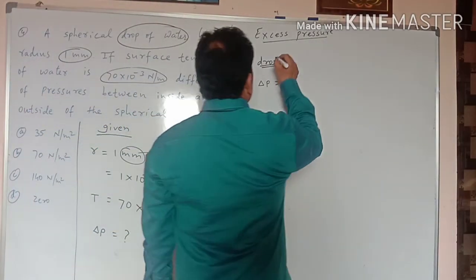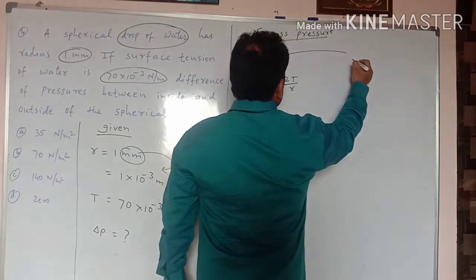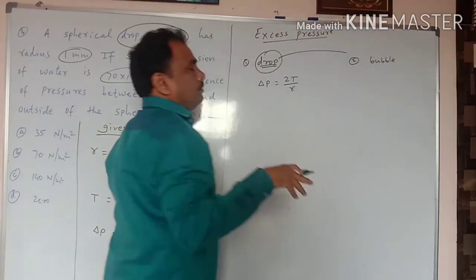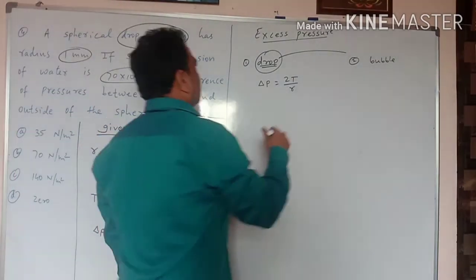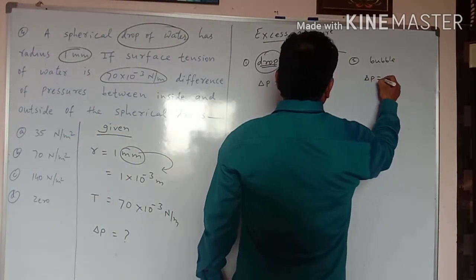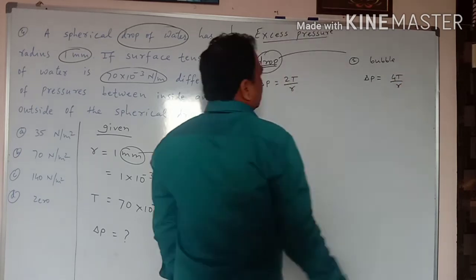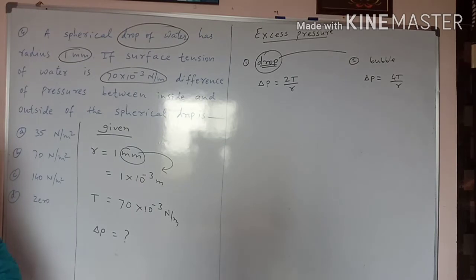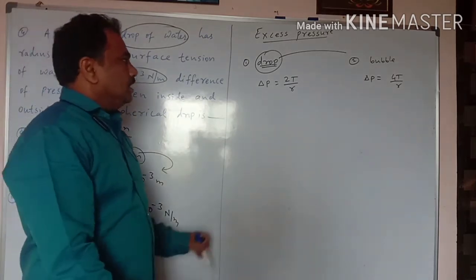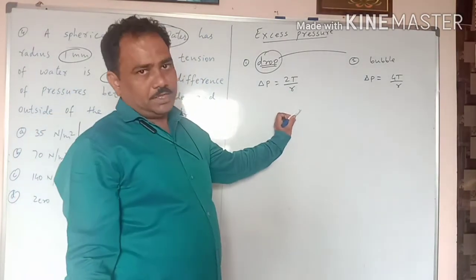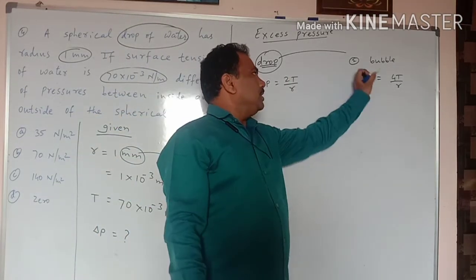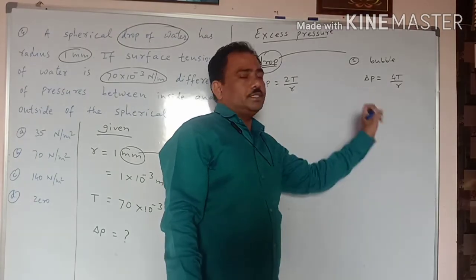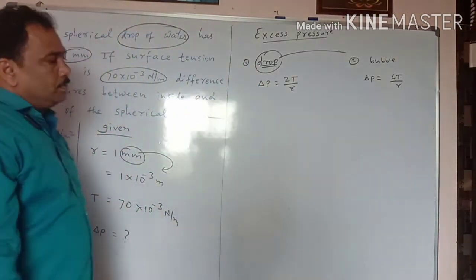And if instead of a drop, a bubble is there, then the excess pressure delta P will be 4T by R. So this is the confusion between drop and bubble. If a liquid drop is there, you have to use 2T by R. And if a bubble is there, then 4 into capital T upon R is the excess pressure for a bubble, that is the soap bubble.